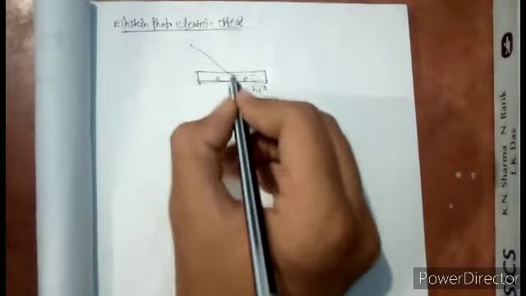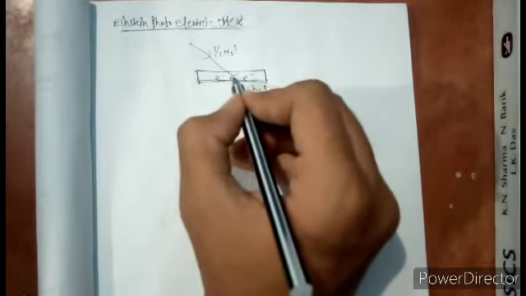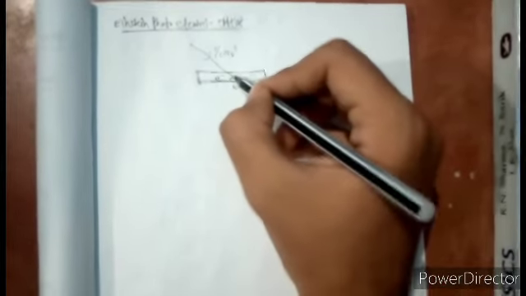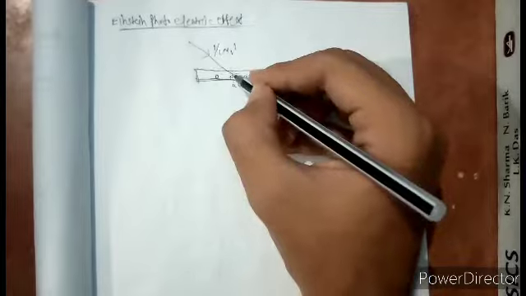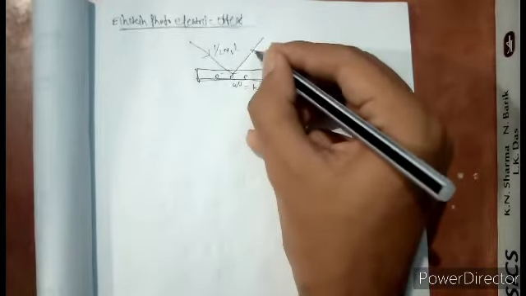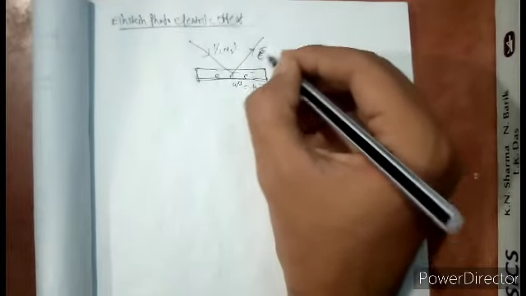If we apply energy, part of it is used to remove the electron, and the rest is used as the movement, that is the kinetic energy of the electron, half m v square.